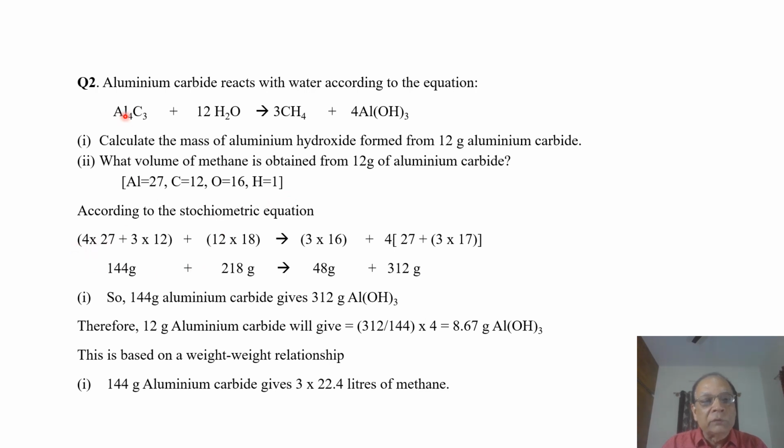4 into 27, because there are 4 atoms of aluminium here, so 4 into 27 plus 3 into 12, which is 144, plus 12 into 18, one molecule of H2O equals 18.